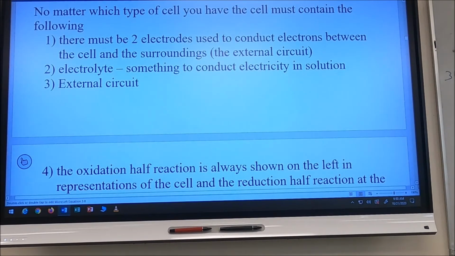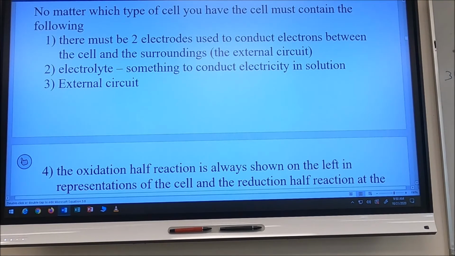No matter which type of cell you're building, it's always going to contain some common elements. An electrochemical cell always has to have two electrodes used to conduct electricity between the cell and the surroundings, called an external circuit. It's going to have electrolyte, something that's going to conduct electricity in solution. It's got to have an external circuit.